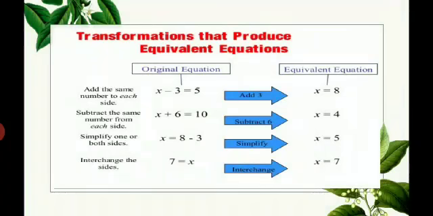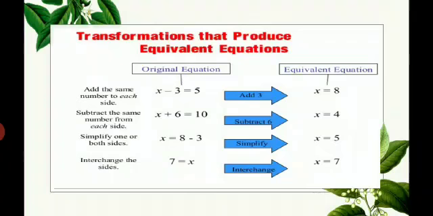Now how to find the value of x, or the original equivalent equation. Like here, x minus 3 is equal to 5. Minus 3 is on this side; when you take it to the other side, it changes to plus. So the answer will be 5 plus 3, which is 8. Next, x plus 6 is equal to 10.